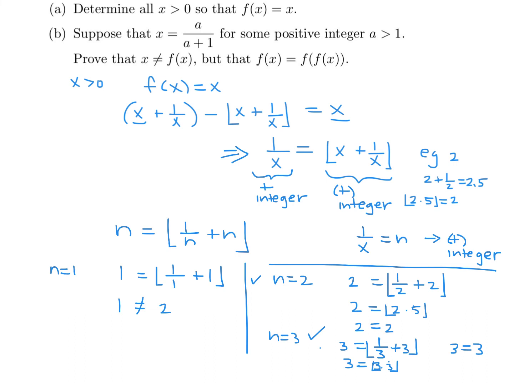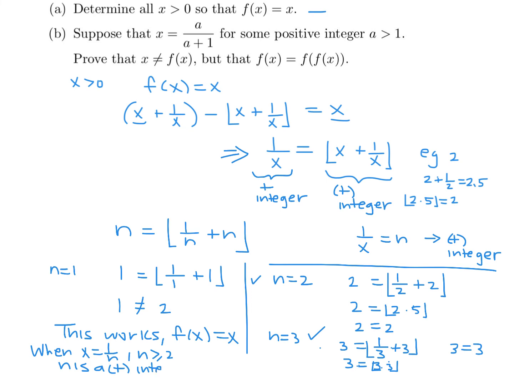So that basically means that when they say determine all x, it is going to be possible, this works, namely that f(x) is equal to x, when x is equal to 1/n, and n is greater than or equal to 2, where n is a positive integer.